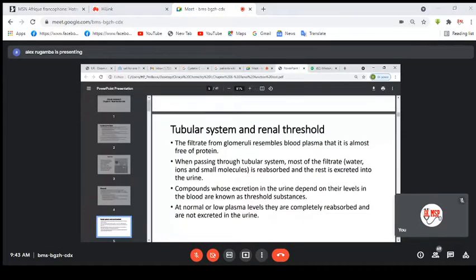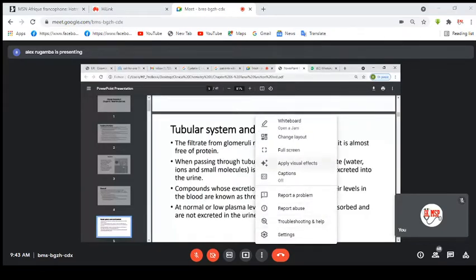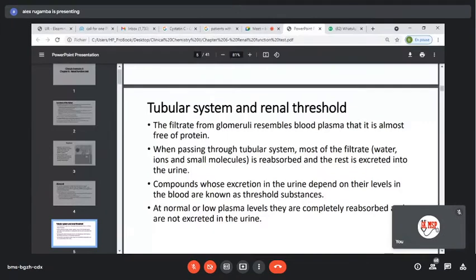So we will see the normal range and the reference range for these substances that are excreted through the urine. This excretion depends on the level of these substances in the blood.